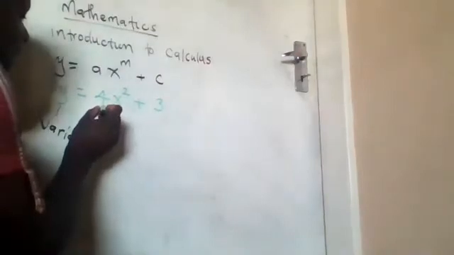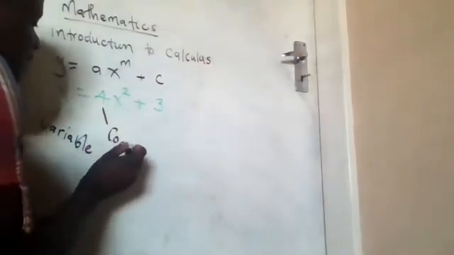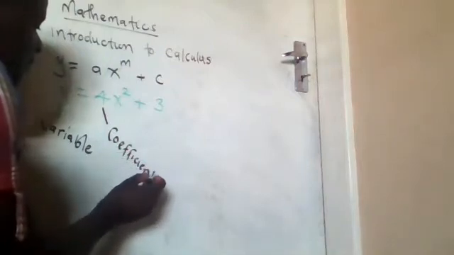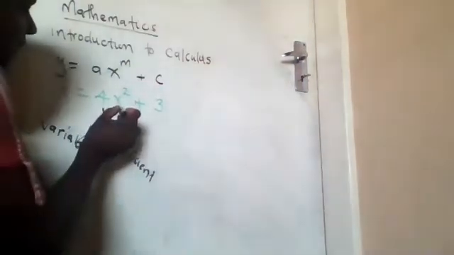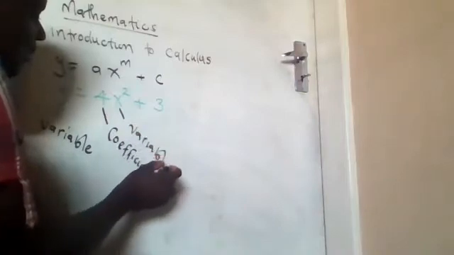Therefore, here the number that is written before the x variable is the coefficient. This x here is also a variable, the x variable.